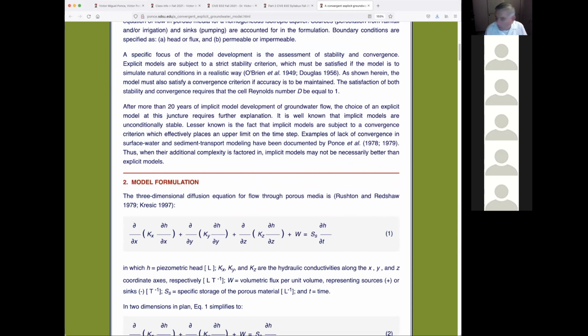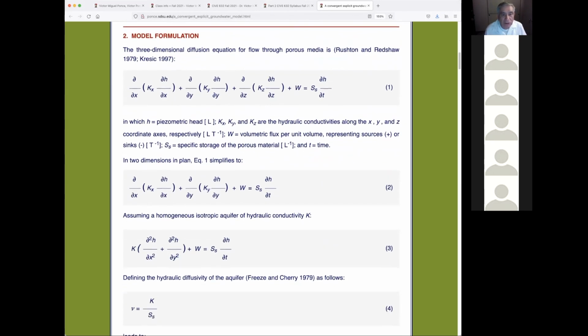Okay, so the model formulation. The three-dimensional diffusion equation for flow through porous media is written in my book. It's from Rushton and Redshaw, Kresick. So you can see dx, dy, dz plus W. W is the volumetric flux per unit volume, representing sources or sinks.